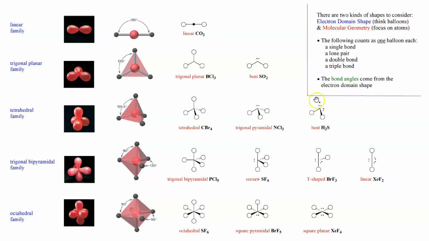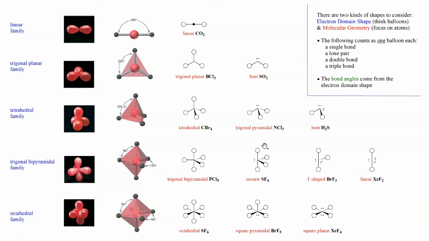And test yourself. What's PCl5? Without looking obviously at the chart. What would be the electron domain shape? What will be the molecular geometry? What would be the bond angles? And would the bond angles deviate from ideal? Okay. Have fun with that.